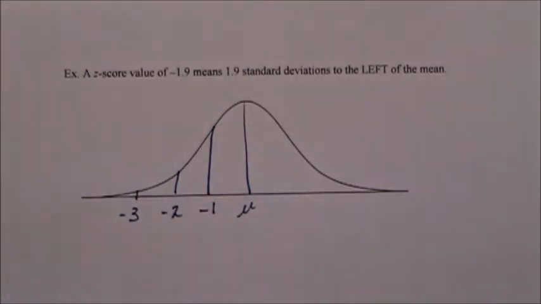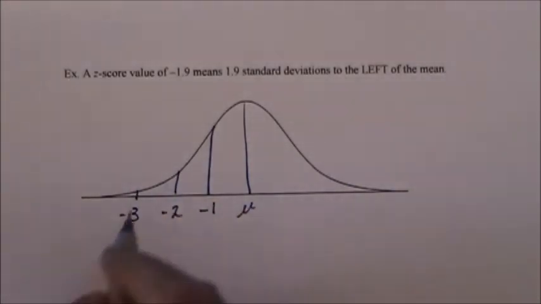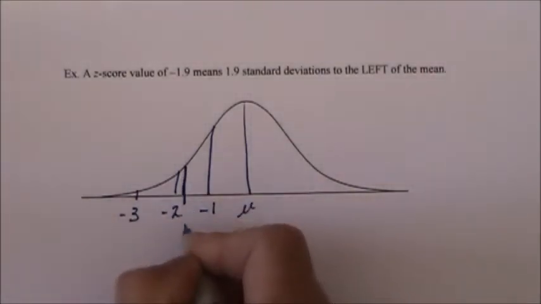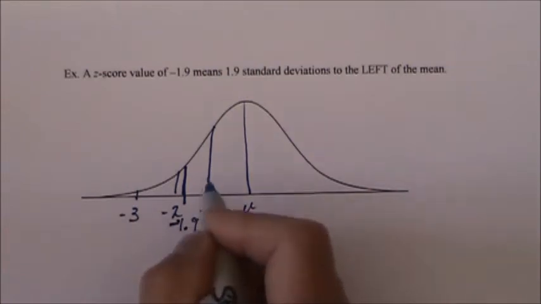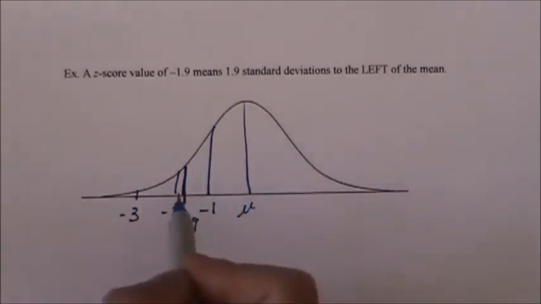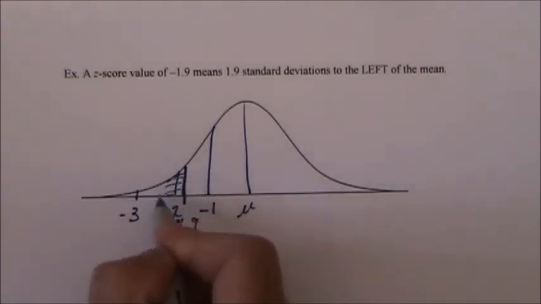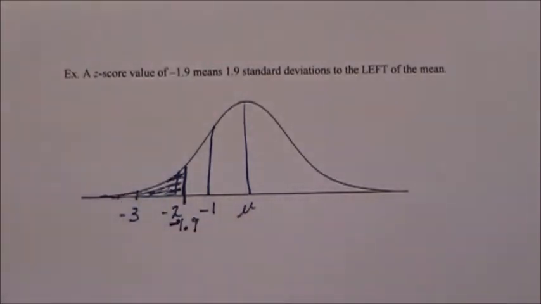So we are looking at negative 1.9. So past the negative 1, but not quite at the negative 2. That gets us a value right in there of negative 1.9. And as we look at our shading, we do still shade to the left. So that's the area that's being referred to for negative 1.9.